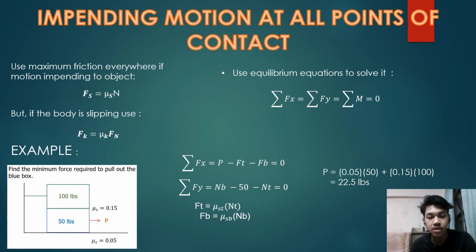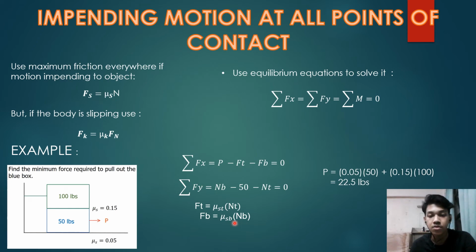Meanwhile, the friction force of the bottom box is equal to the static coefficient of the bottom box times the normal force of the bottom box.